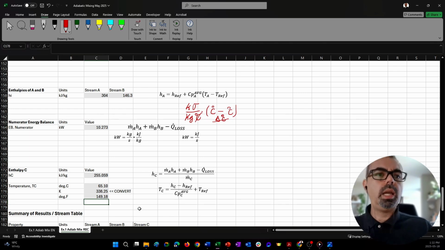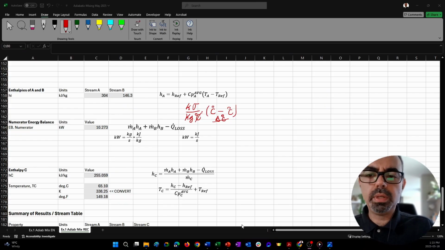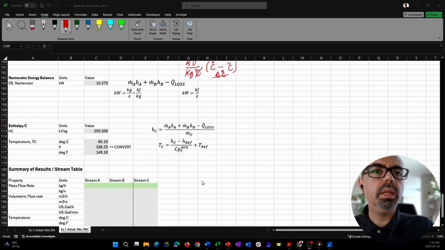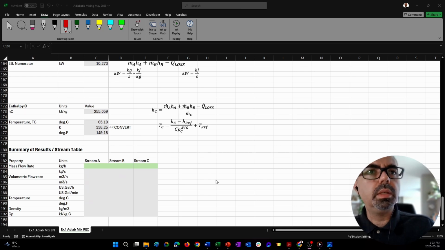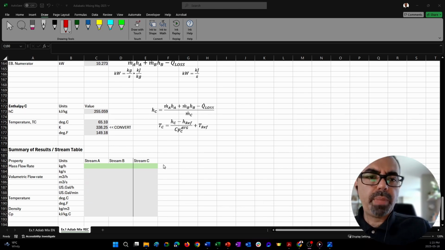And that's it. Now, the only thing left for this problem is to create the summary table. So the summary table here will contain key information of the streams. And this is called a stream table. And this is a basic table that always needs to be produced for any process flow diagram.